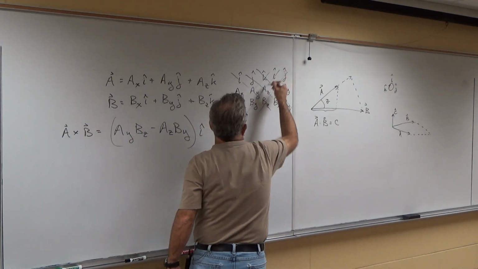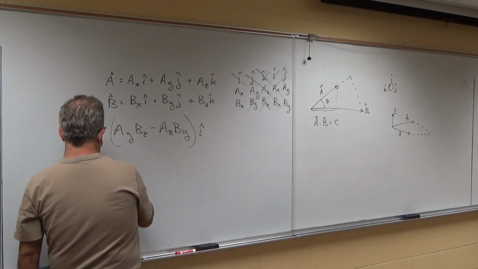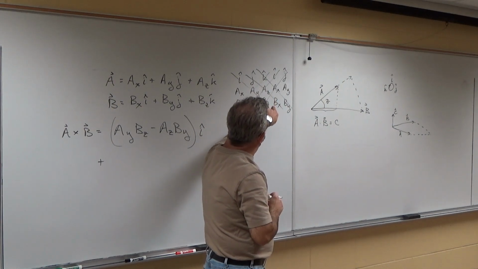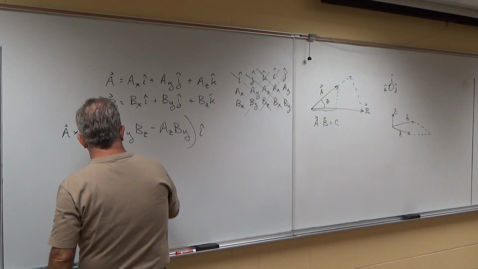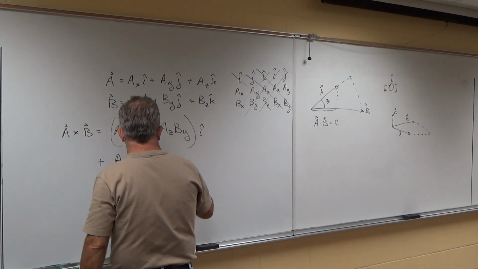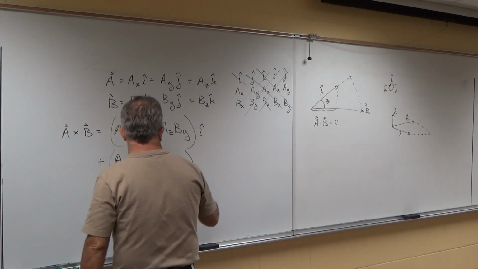If I'm going this way, it's negative. Plus, now I'll do the j hat: AZBX minus AXBZ. And that's j hat.